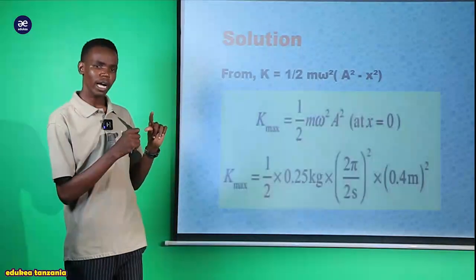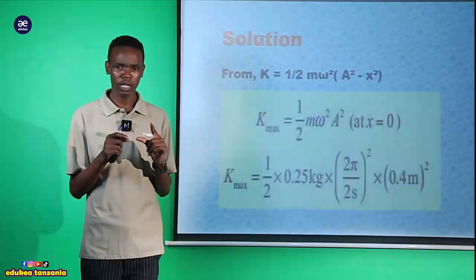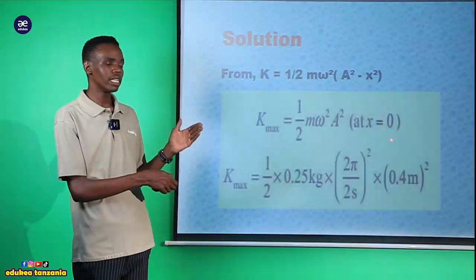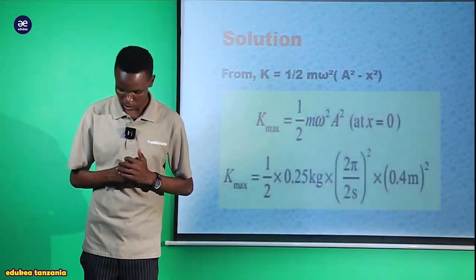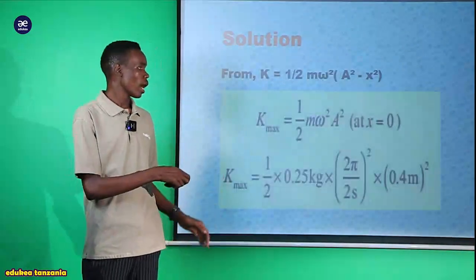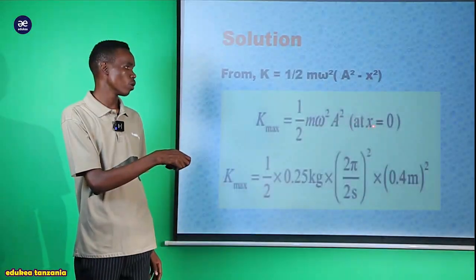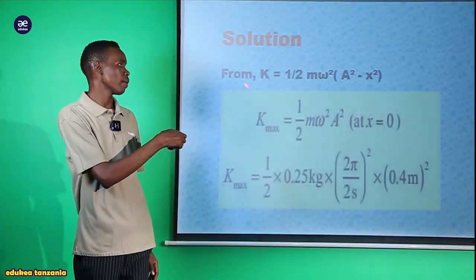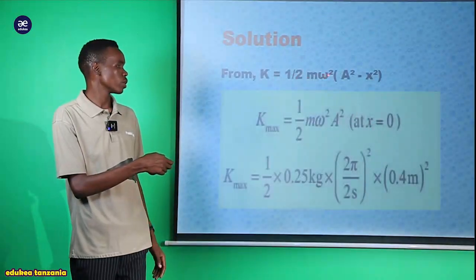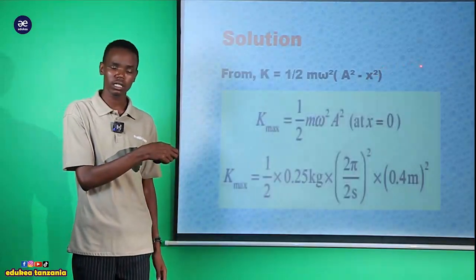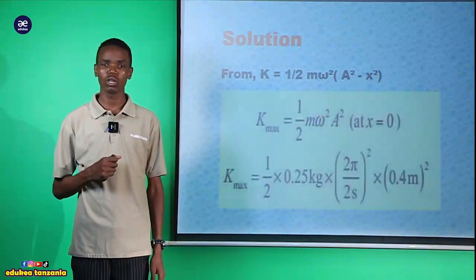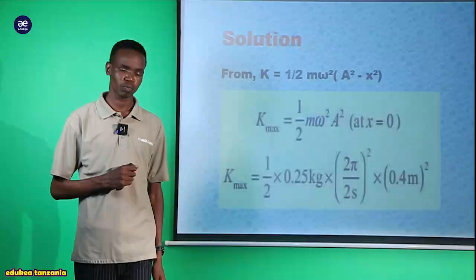For the kinetic energy to be maximum, the displacement must be equal to 0. So we are supposed to take this displacement and equate it to 0.